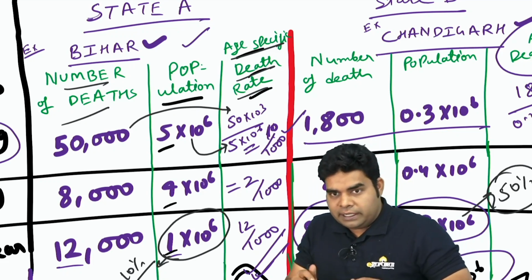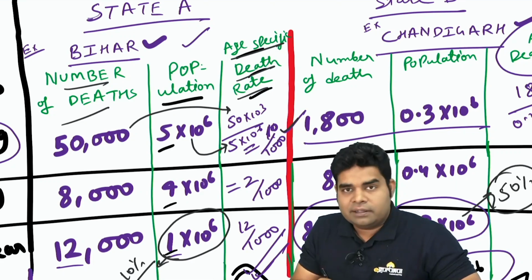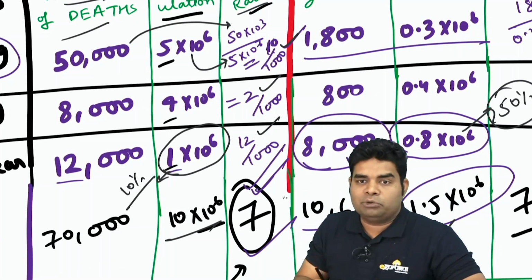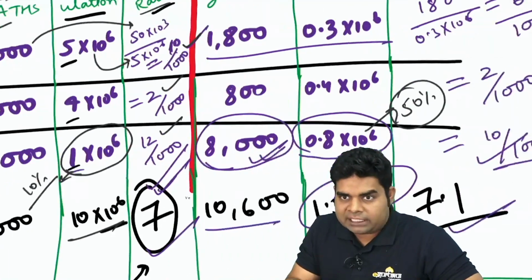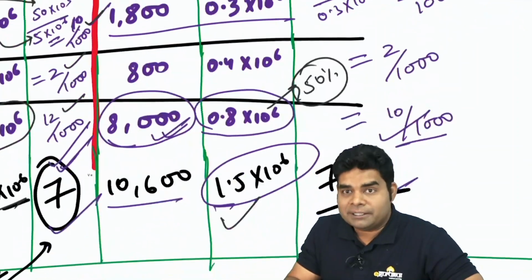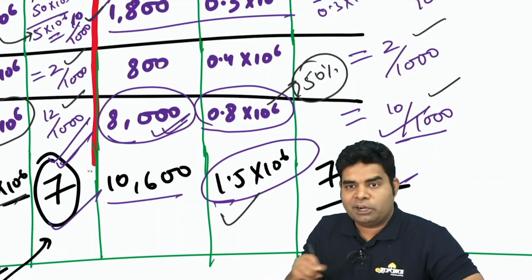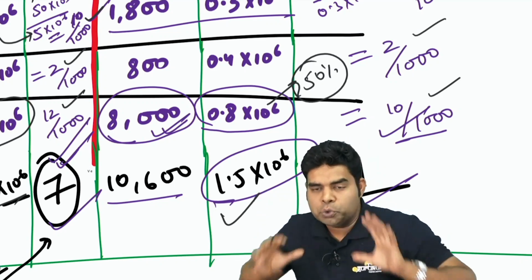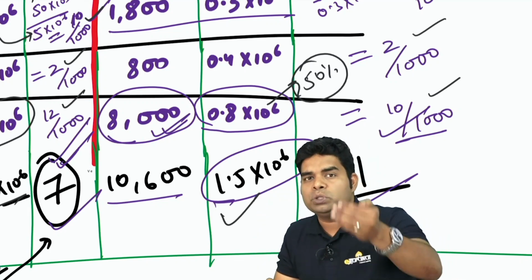Here the age specific death rates are 10, 2 per thousand and 12 per thousand in different age groups. Similarly for Chandigarh, the age specific death rates will be 6 per thousand, 2 per thousand and 10 per thousand.